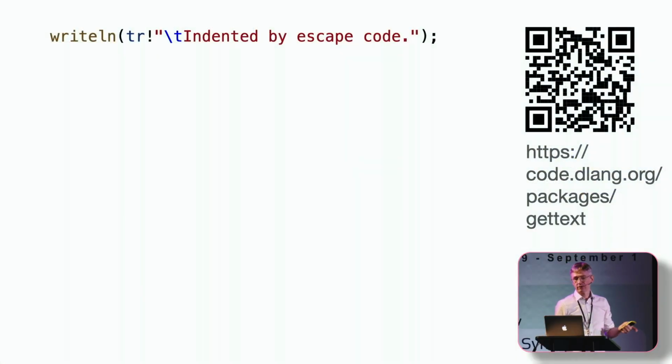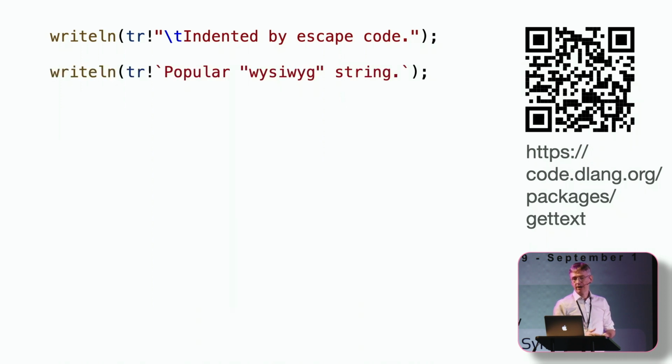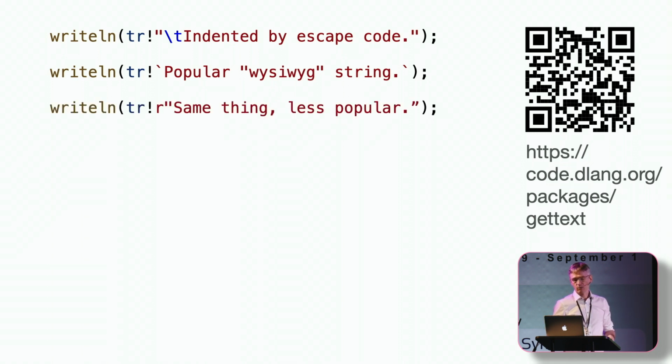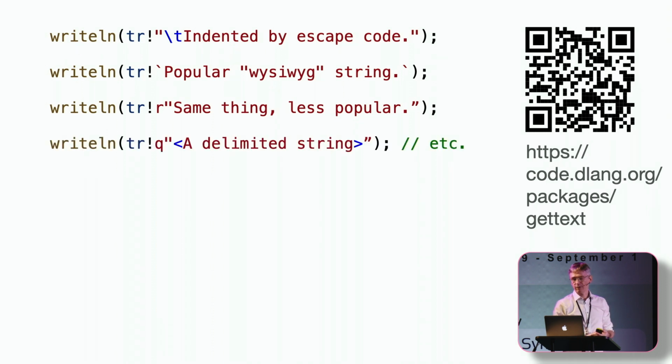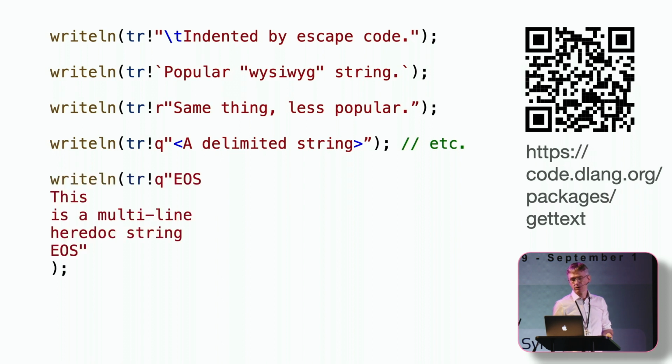This is an ordinary double-quoted string, which may have escape codes. We have WYSIWYG strings that don't need escaping of special characters. This is another WYSIWYG string, less popular, but nevertheless, it's there. This is one of 5 forms of delimited strings, and you can choose your own delimiters even.